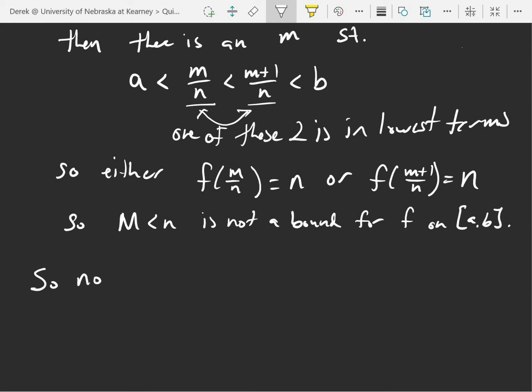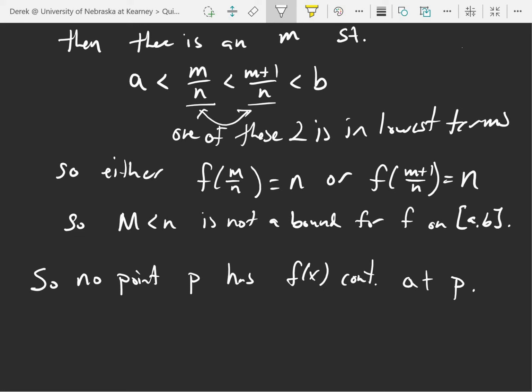So no point x has f of x continuous. Say no point p has f continuous at p. And these are terrible discontinuities, right?